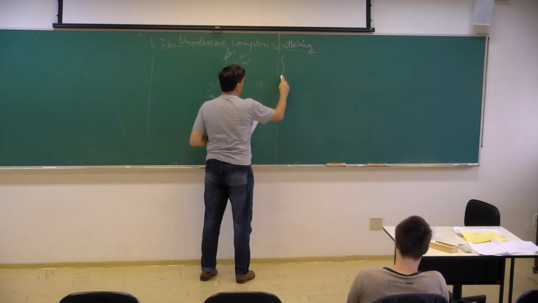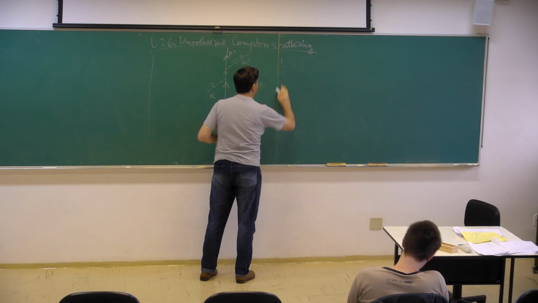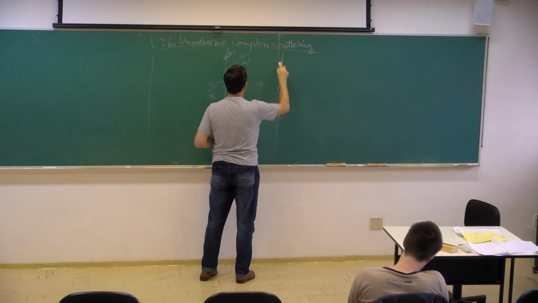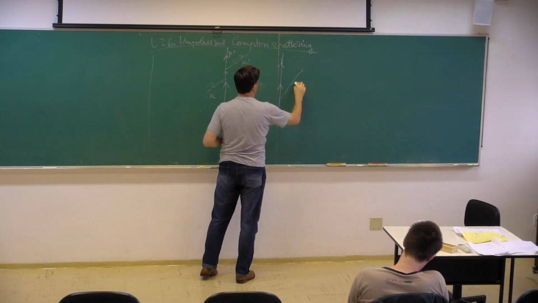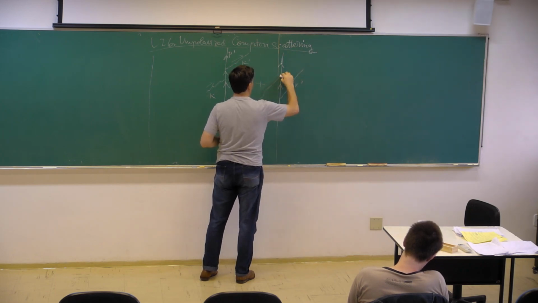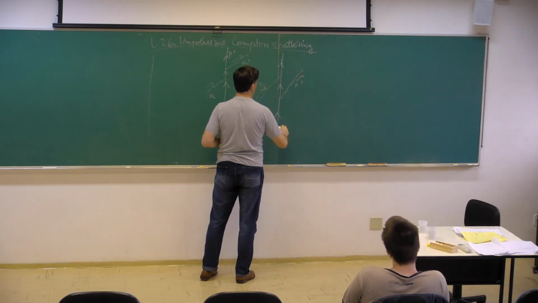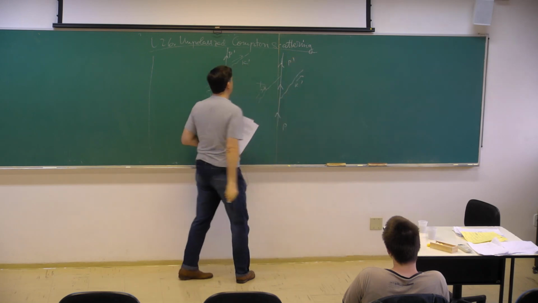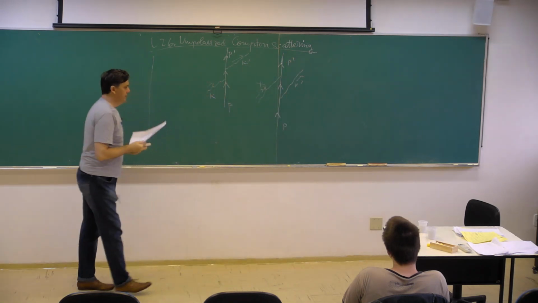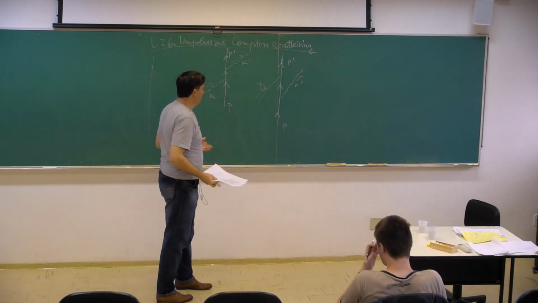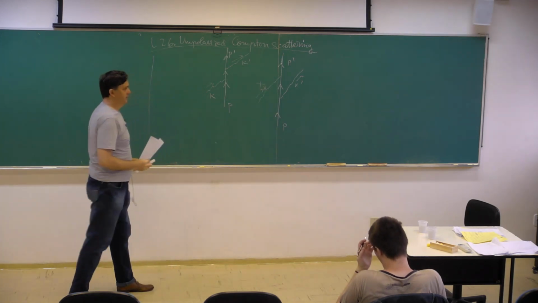So the order of the two processes is opposite. So let's say first k prime and then k. Okay, so there's nothing in quantum mechanics preventing this other process.